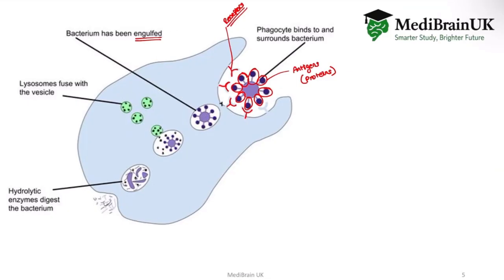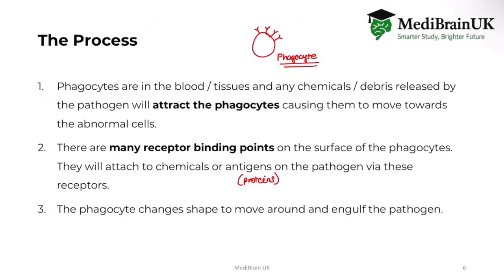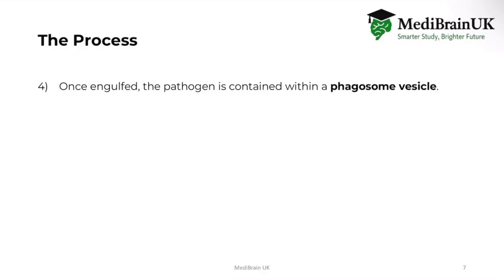Now, the next couple of steps we're going to look at. We've looked at the first three steps. The next step is a keyword. Once they've engulfed the pathogen, it is inside the phagocyte. The pathogen is contained within a part of the phagocyte called the phagosome vesicle.